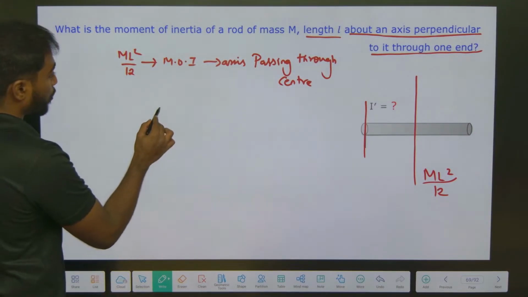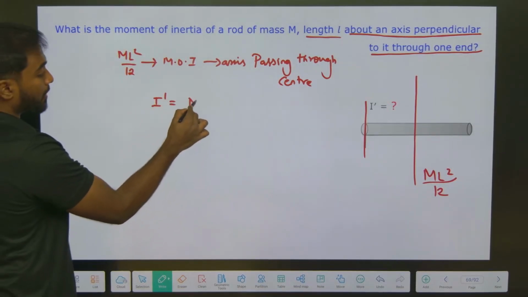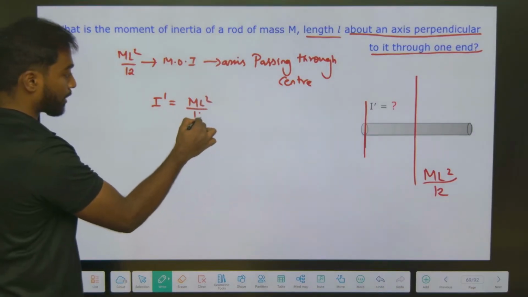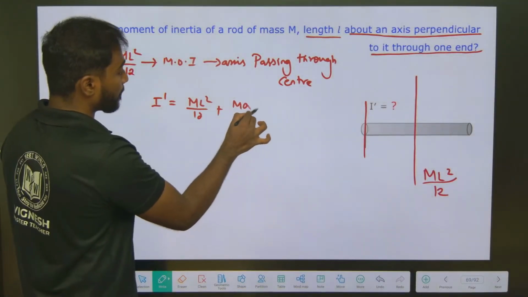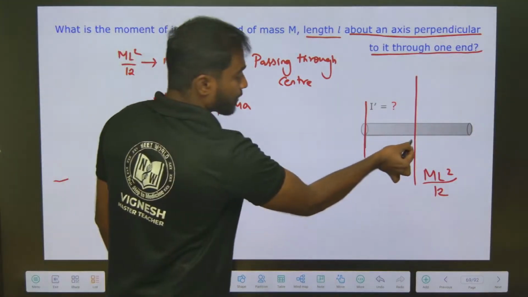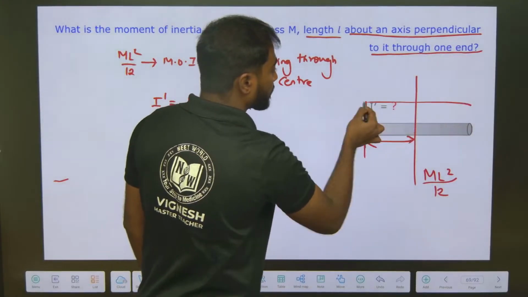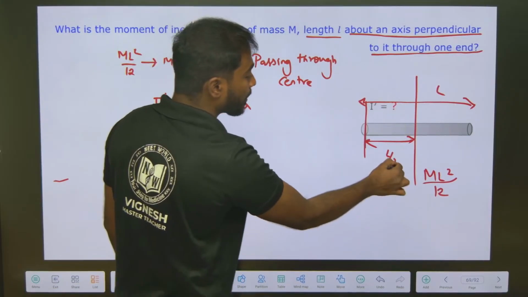Now when I talk about the other end, I dash will be equal to the given moment of inertia m L square by 12 plus m into a square. What is a? The distance between the two parallel axes. If this is my L, this one will be L by 2.